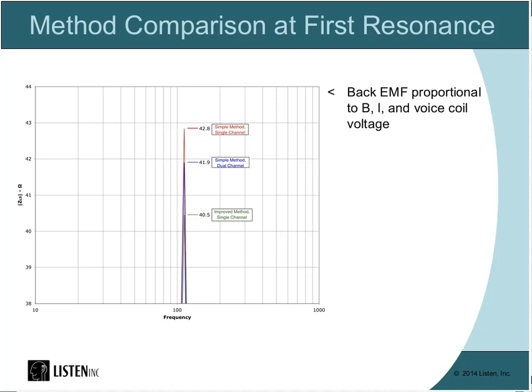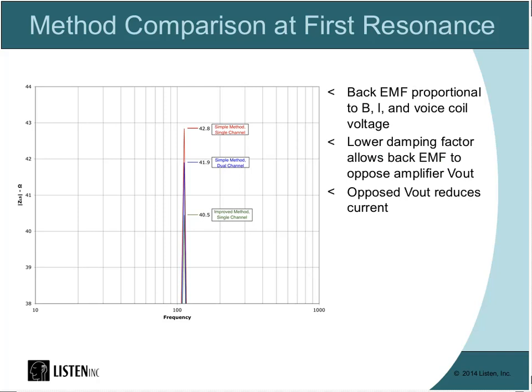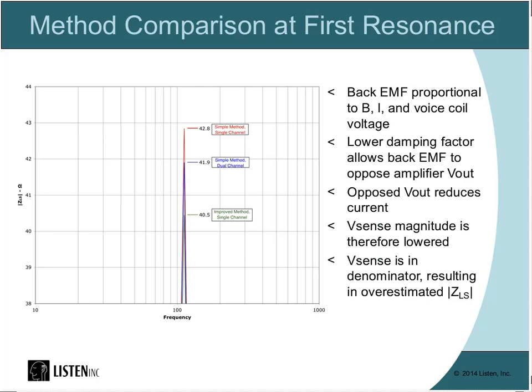So even though we're measuring a speaker, we have to remember that we're actually measuring a speaker with a resistor in series using the simple method, and it's not going to be the same thing as measuring the speaker by itself. Okay. So basically, this reduces the current, which is part of the reason that the Z max is lower. So we get an overestimated impedance.